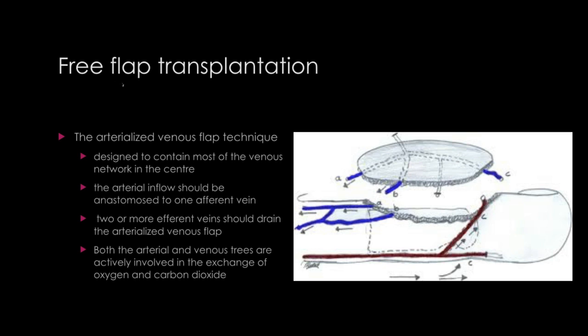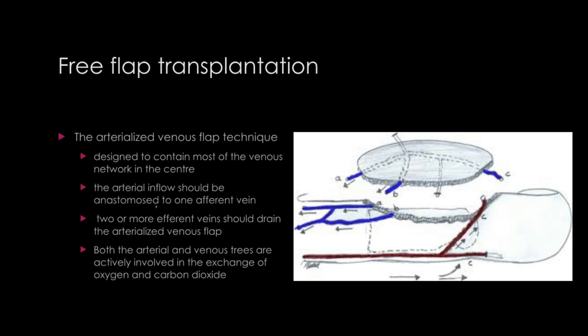In the arterialized venous flap technique, the skin flap contains many veins, and ideally the center of the flap should have the higher concentration of veins, and there should be one end for the anastomosis with the artery and two ends for the venous outflow. So it should be designed such that most of the venous network is in the center, like you see in this picture.